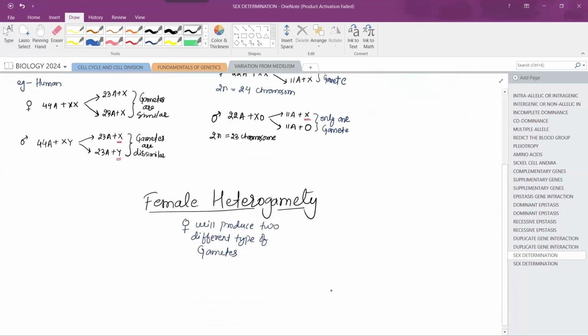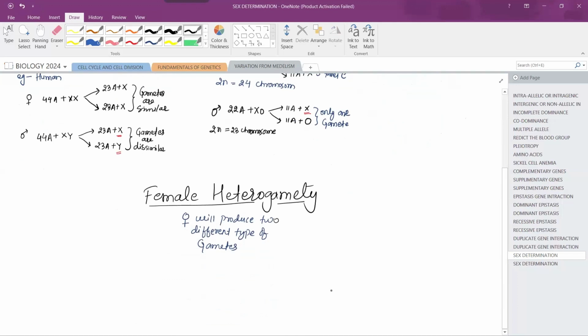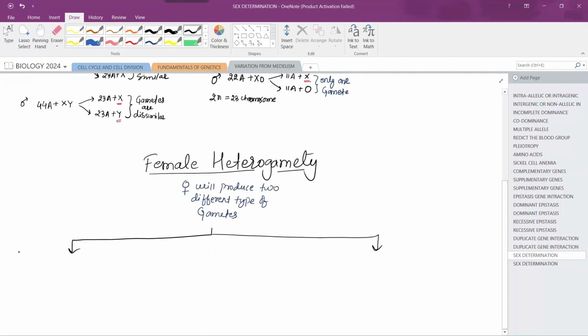Here, female will produce two different types of gamete. So we will study in this case also two different types, that is ZZ and ZW, and this one is ZZ and Z null.